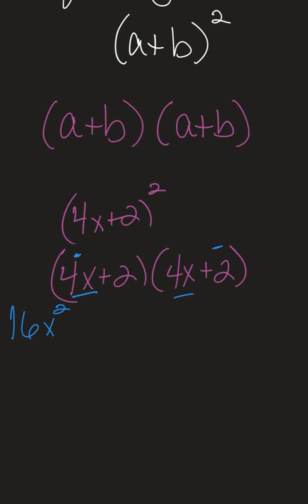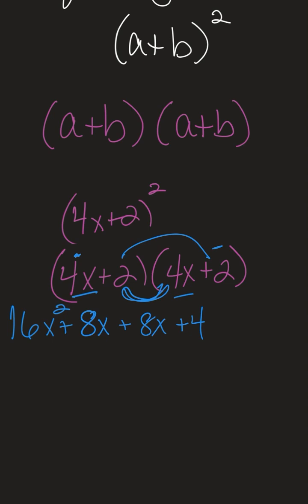So 4 times 2 is 8x. And then I have the same set of factors for the inside terms. So I have plus 8x. And then my last terms, of course, 2 times 2 is 4.